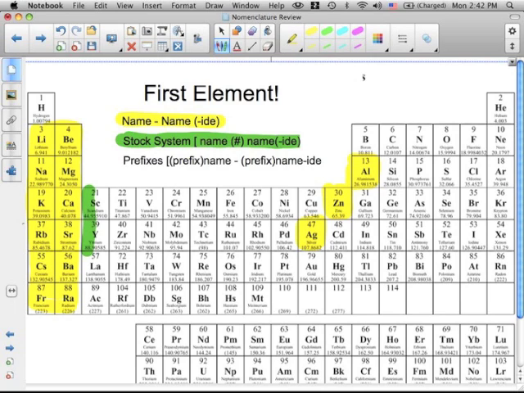Now, polonium can go either way, but you won't run into too many compounds that have polonium in them.